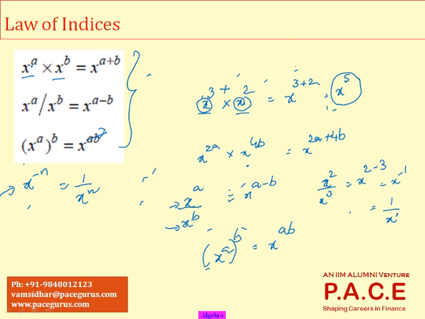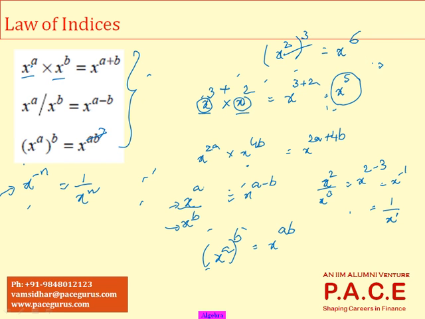So whenever I say x squared whole cube, which is nothing but x squared is multiplied 3 times, which is nothing but the exponents are added. So here the power is multiplied and makes it x to the power of 6.